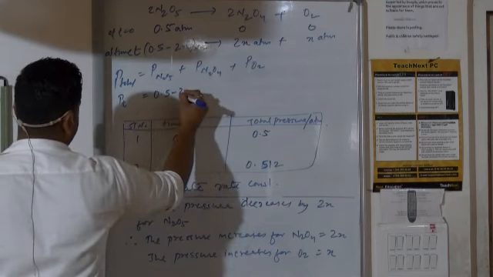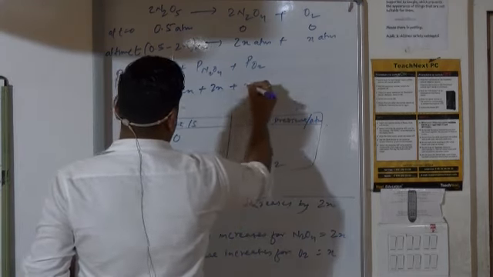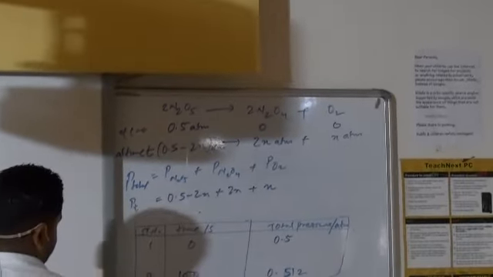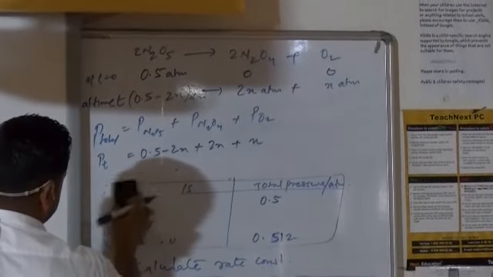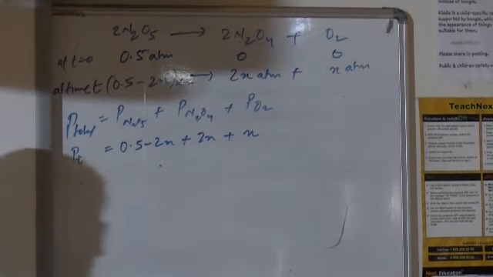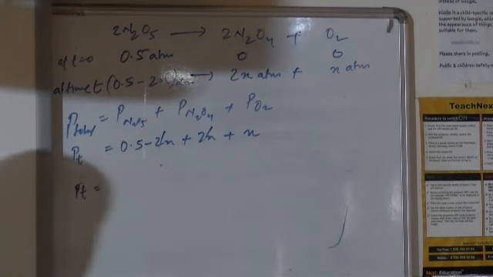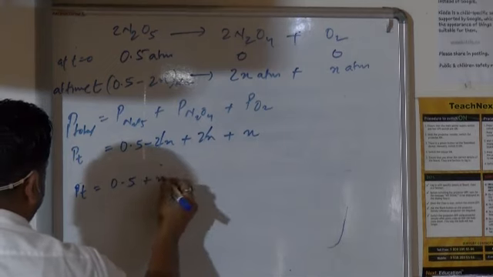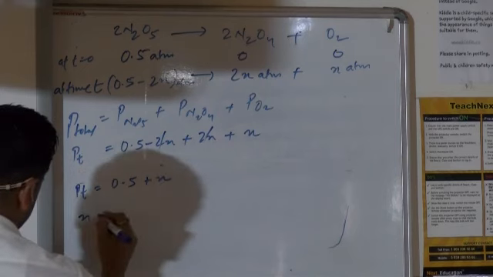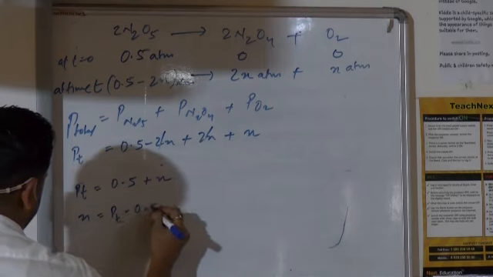That is 0.5 minus 2x plus 2x plus x. So P total is equal to, this gets cancelled, 0.5 plus x. Okay, so let us find the value of x from here. So x equals PT minus 0.5.